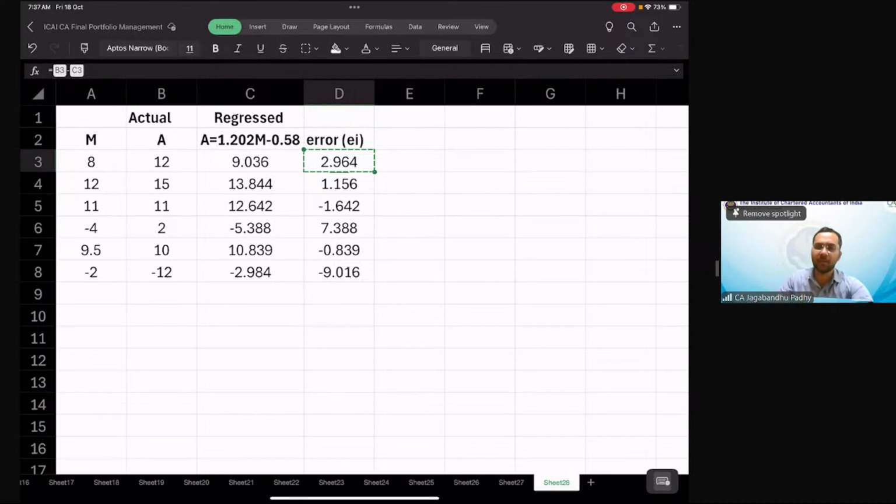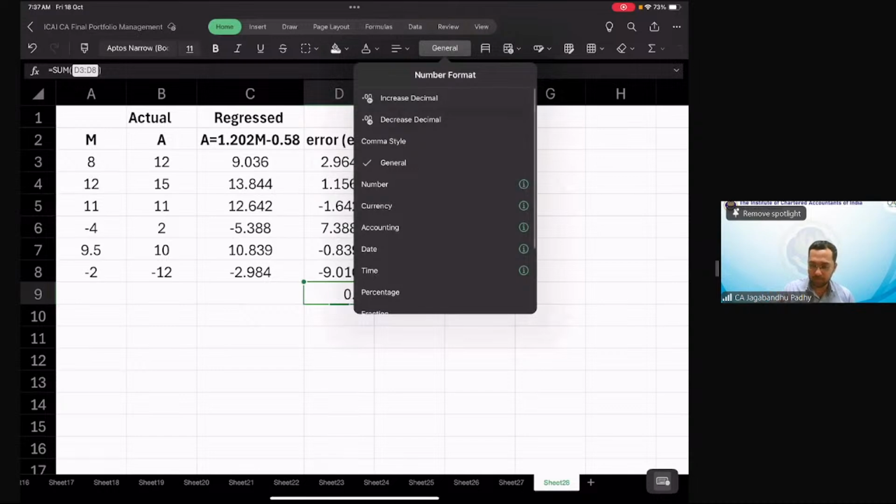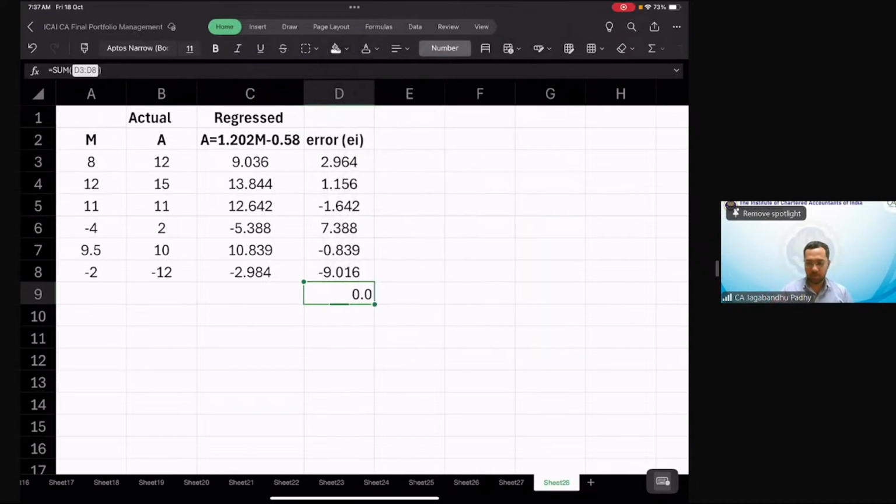But if you take the total of all the error terms, it is almost going to be 0, because sometimes you will be under forecasting, sometimes over forecasting, but the net effect over a period of time is that your net error is going to be 0.